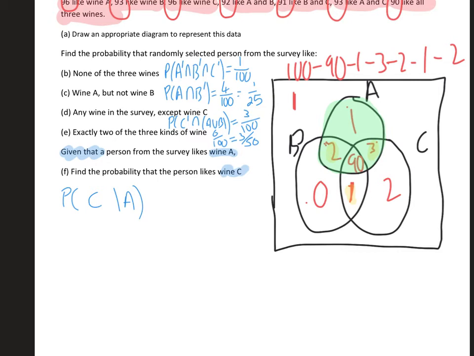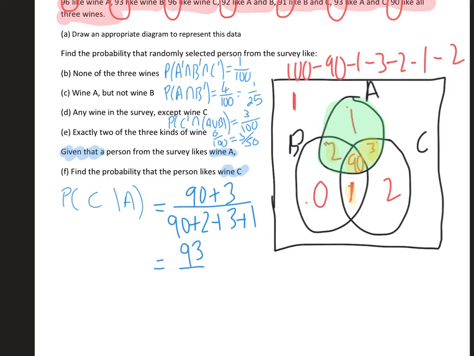So on the bottom of my fraction straight away, I'm going to have 96, but I'm going to write it as the 90 plus 2 plus 3 plus 1. So out of those people, who also like C? Well, these 3 people do here, and these 90 people do here. So the 90 plus the 3, so 93 people.